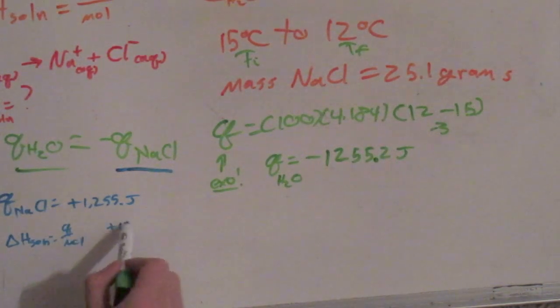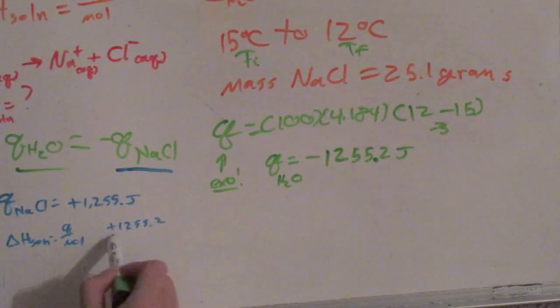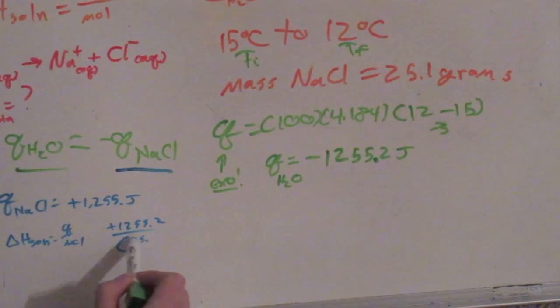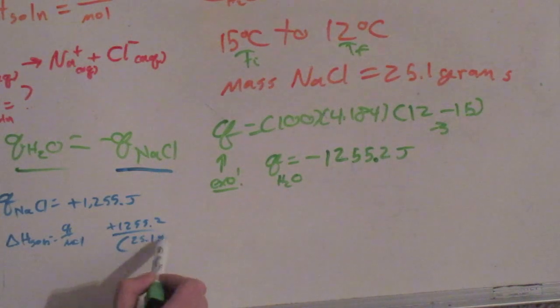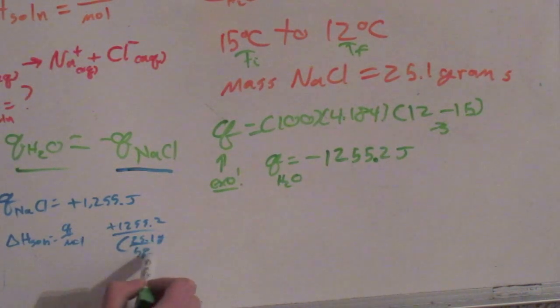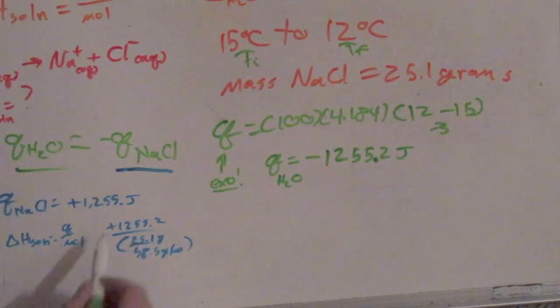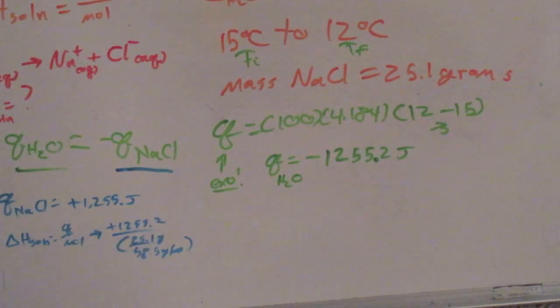I know that that's positive 1255.2. I did give you 25.1 grams. I know the molar mass of salt is 58.5 grams per mole. And all you need to do is solve for that.